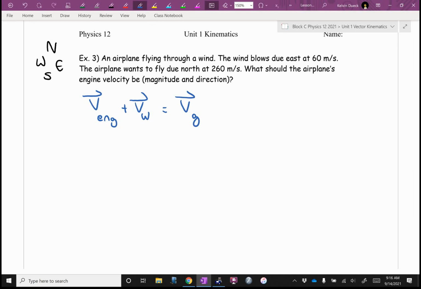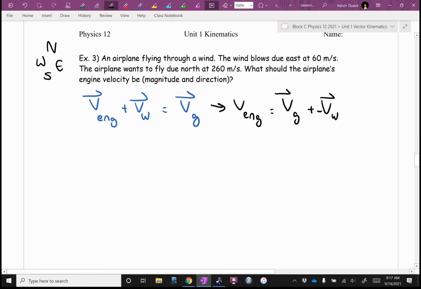Logan, what's this asking me to find? Get the engine velocity by itself. Okay, so you're telling me that V engine is going to be V ground minus V wind. Ooh, how do I subtract vectors? What do I do instead? Plus the opposite of V wind. Okay.